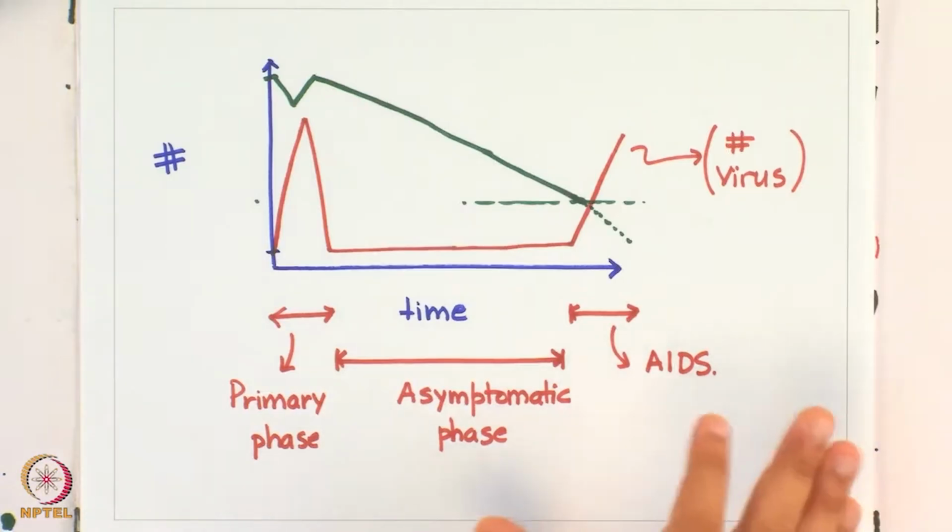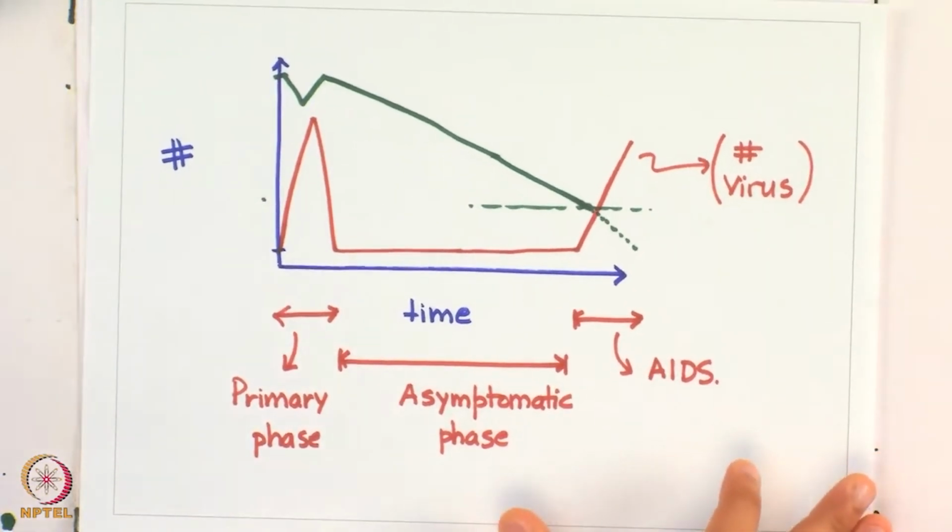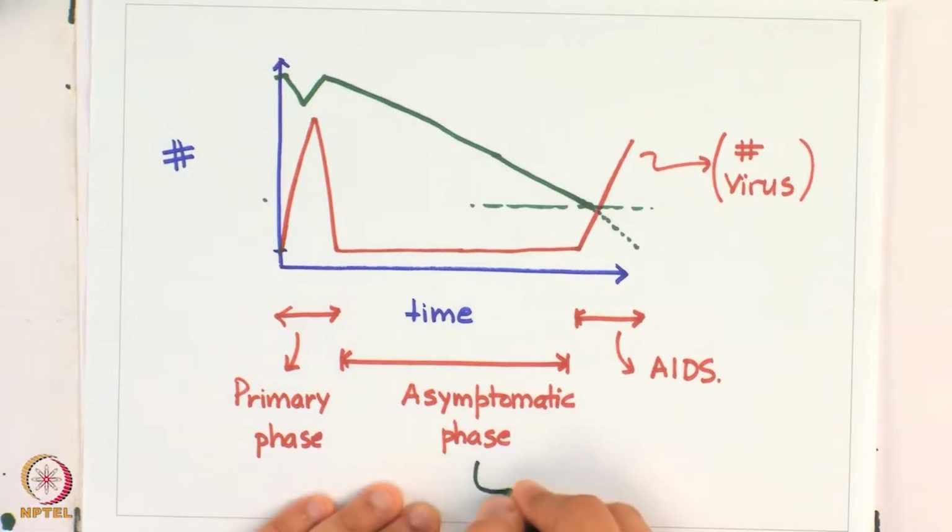Okay. So, those are the three steps associated with an HIV infection, and what's curious is that there is a very long asymptomatic phase, which could last up to a few years.